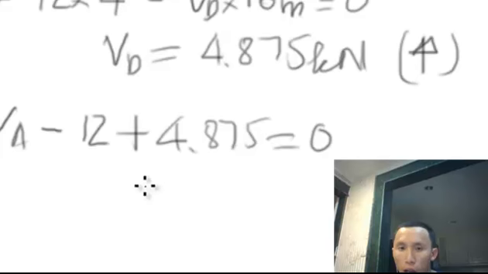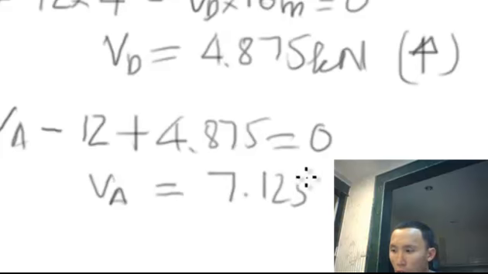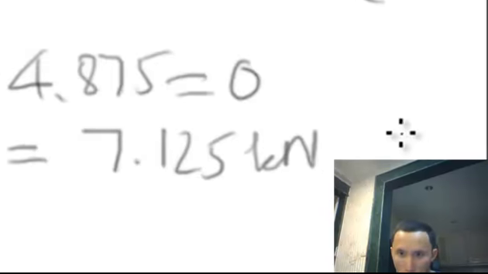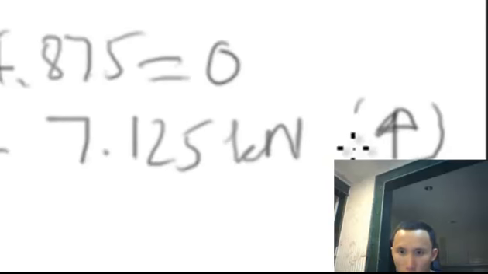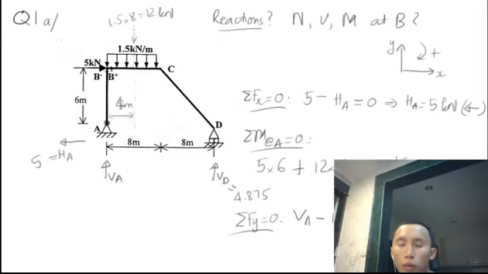So I rearrange, and I have VA equal to 7.125 kilonewton, and this is positive again, so our first assumption, upward, is the same, so upward. If you don't write down the direction of the force, you will lose marks.